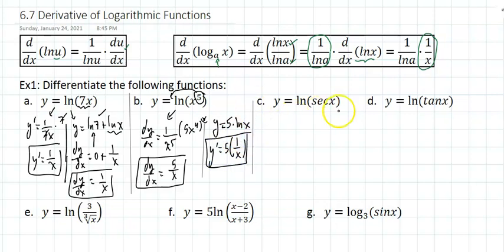Here, the derivative of a natural log is 1 over the argument times the derivative of secant, which is secant of x tangent of x. And I notice they cancel out. And that would be the tangent of x.